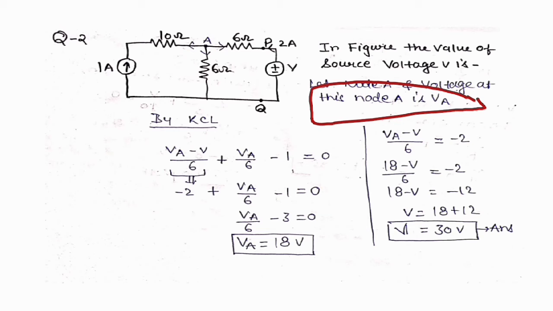The third step is to apply KCL. Okay, KCL method. What is the KCL method? First of all, we have to assume the direction of current. If you are standing on A, then all currents should be going outward from the node.